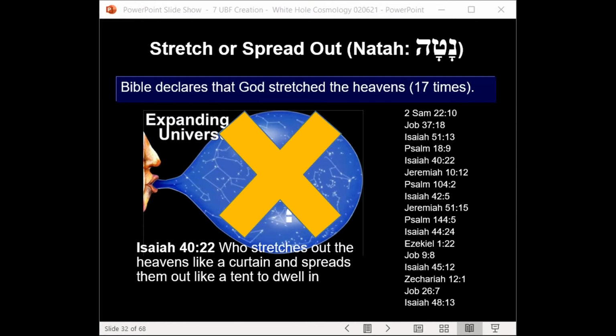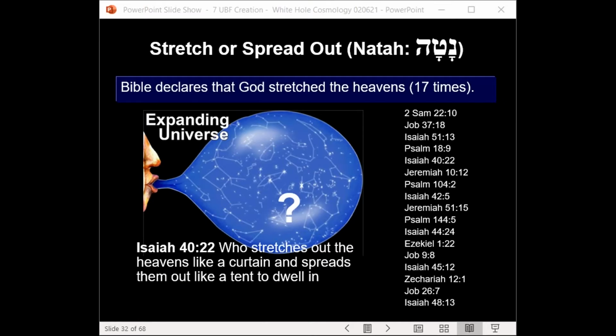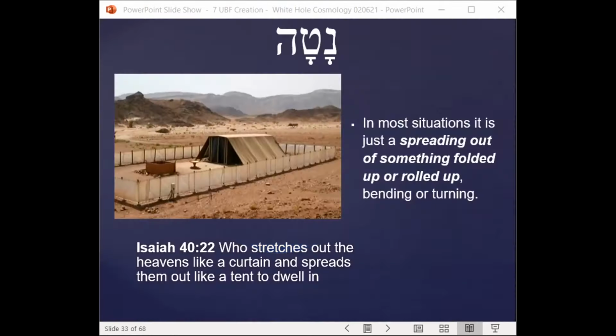Before then, even Humphreys and other creationist physicists thought that these 17 verses mean this expanding universe, as Big Bang Theory explained, right? But it turns out that from the scripture, when you study the meaning of this nata, actually that's not it. Rather, there are 200 times this nata appears in the Old Testament, and there are different meanings of nata there.